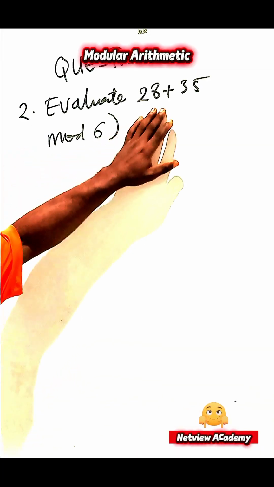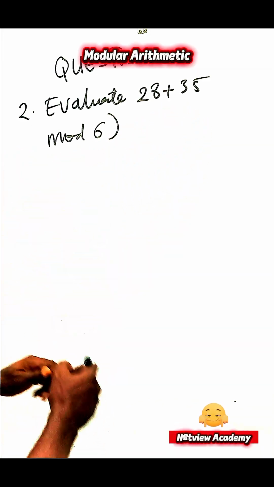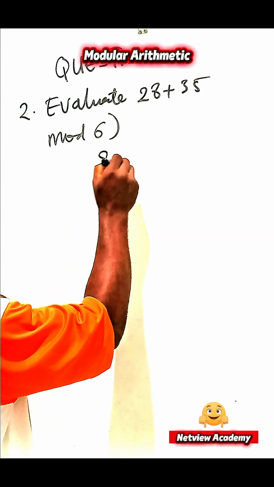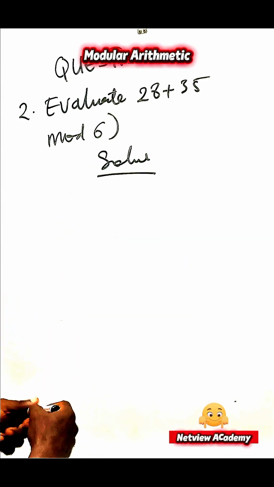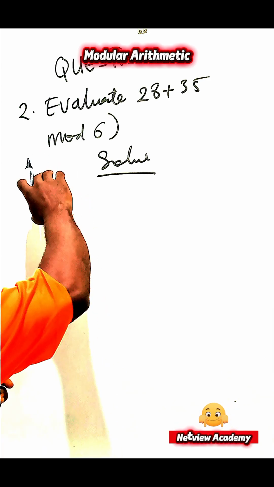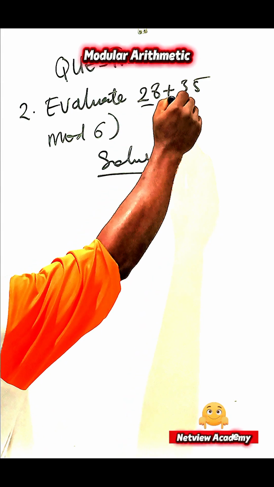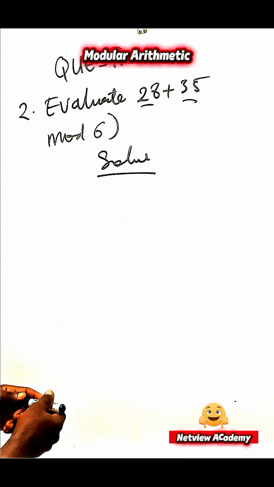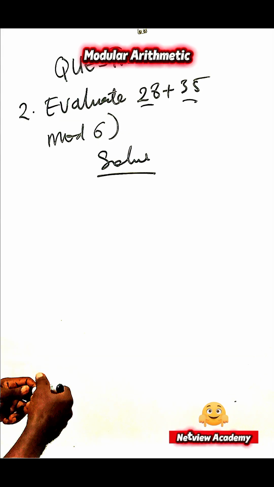Evaluate 28 plus 35 mod 6. Now, if we come across this type of question, the first thing we are going to do, we look for the remainder of each of the values in the expression that we are asked to evaluate.